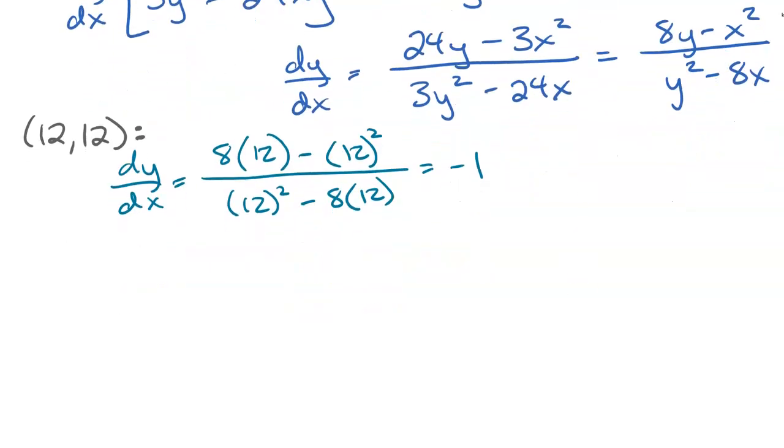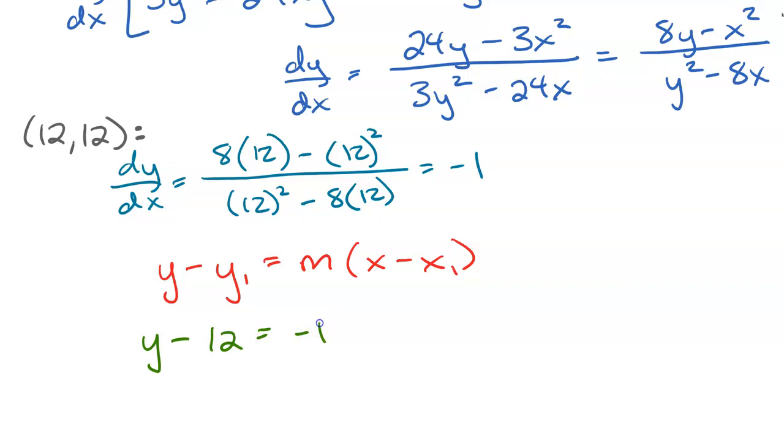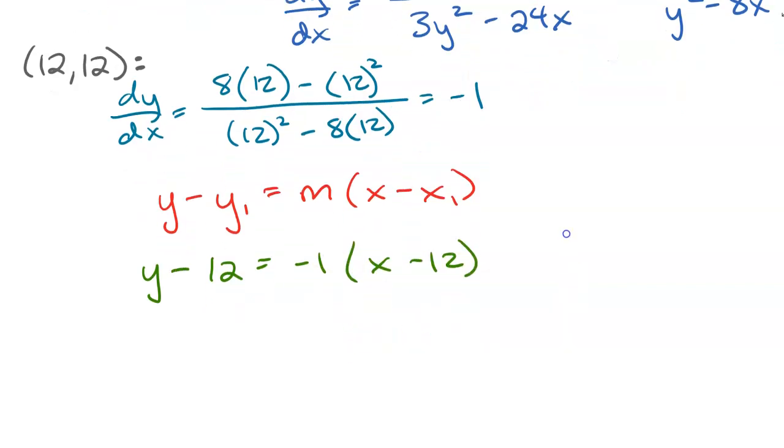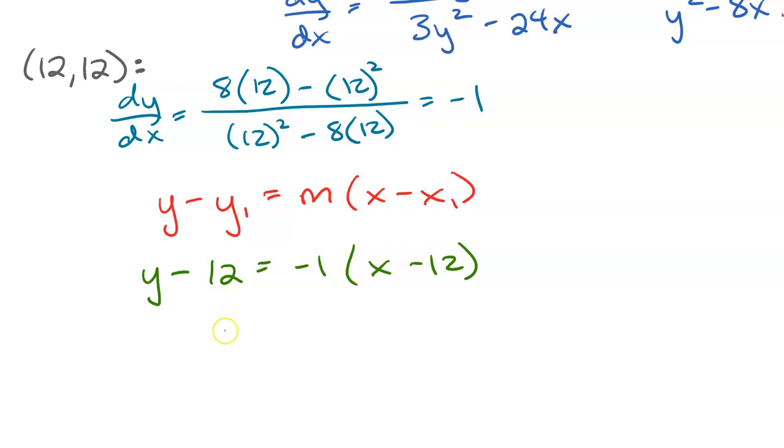So, now we can use the actual formula. y minus y1 equals m times x minus x1. So that would be y minus 12 equals -1 times x minus 12. Solve for y. So we would get y equals negative x plus 24.